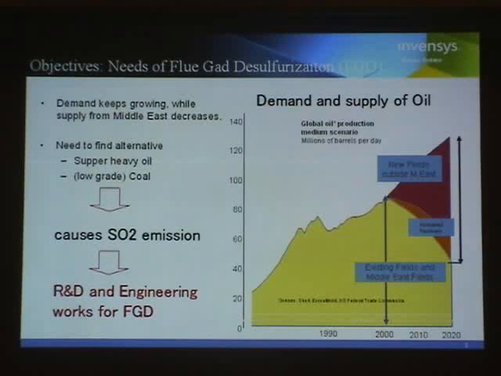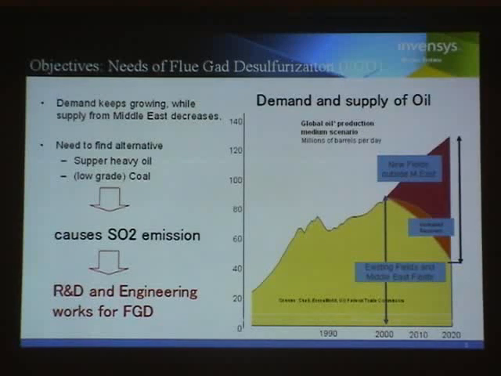Today, as many of you know, demand of energy keeps increasing very rapidly because of growing up of new economic powers like China or India. But the good oils from Middle East decrease.